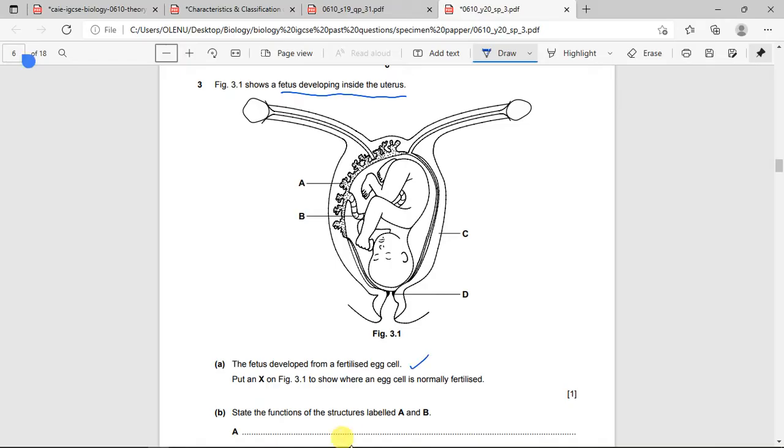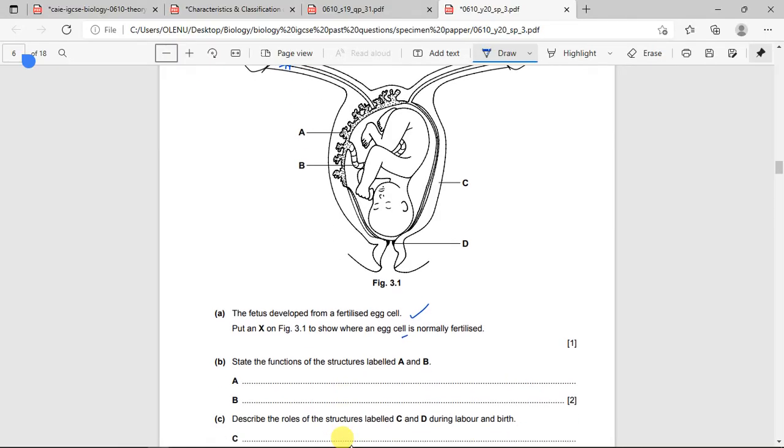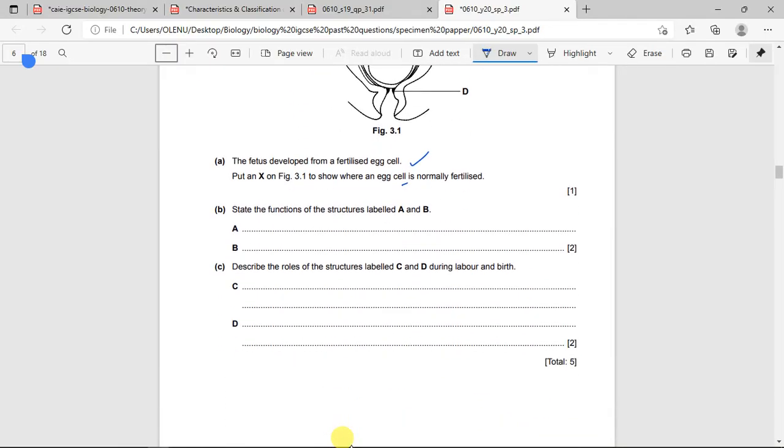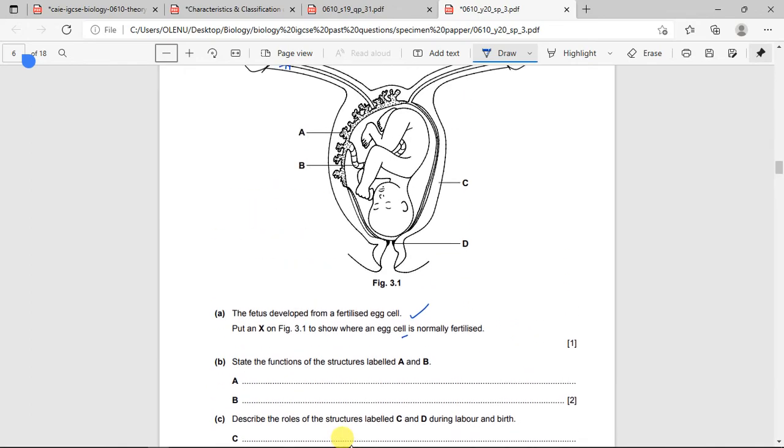You know that. Now put an X on figure 3.1 to show where the egg is normally fertilized. The egg is fertilized at X here, which is around the oviduct or fallopian tube. So you can put your X there. You get your mark.